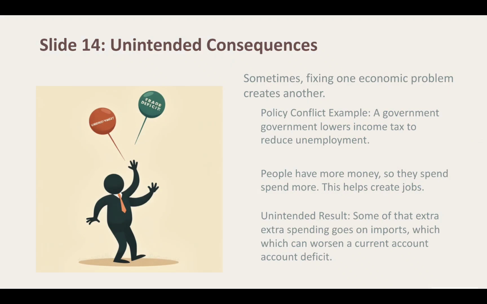Unintended consequences. Sometimes fixing one economic problem creates another. Policy conflict example: a government lowers income tax to reduce unemployment. But what happens? People have more money, so they spend more.